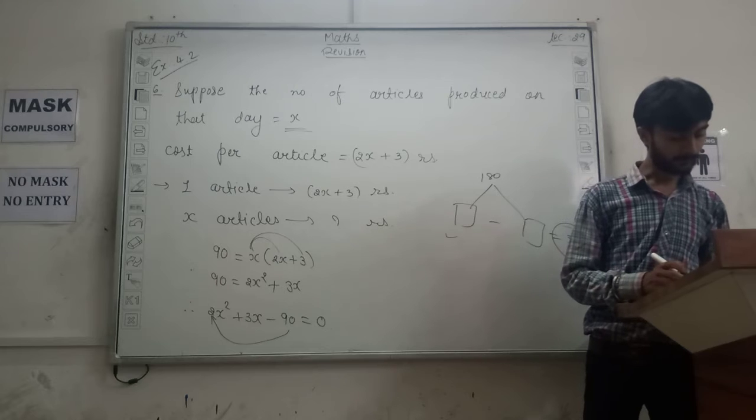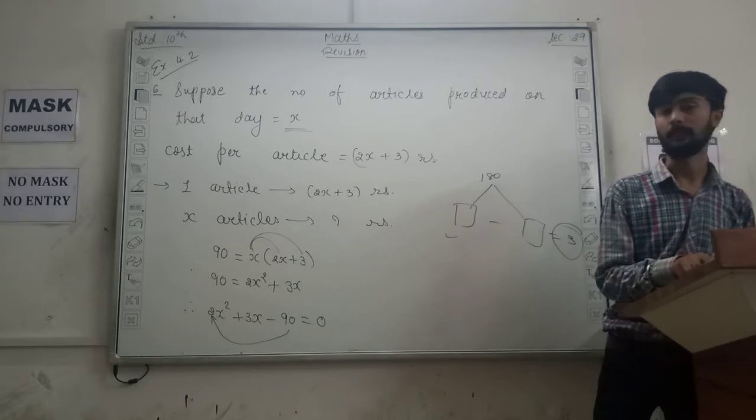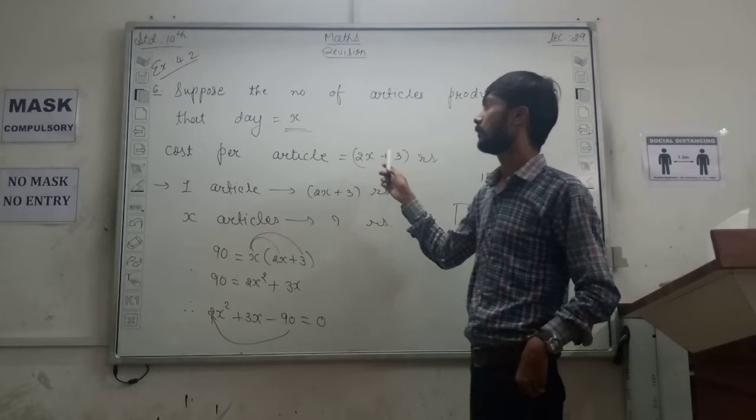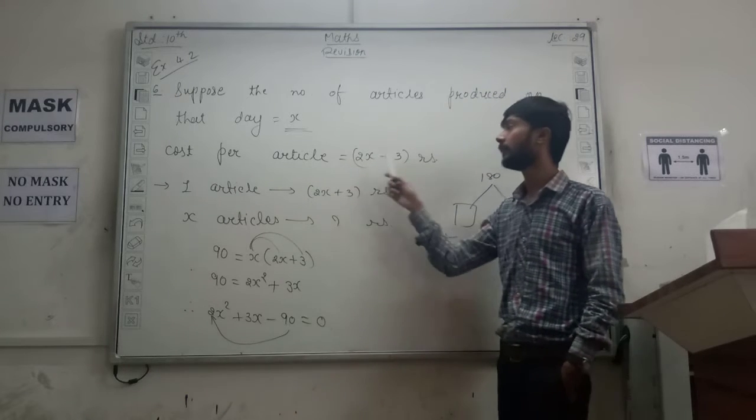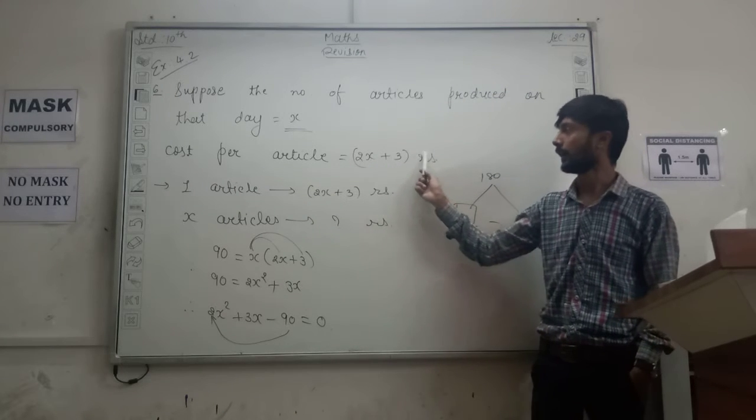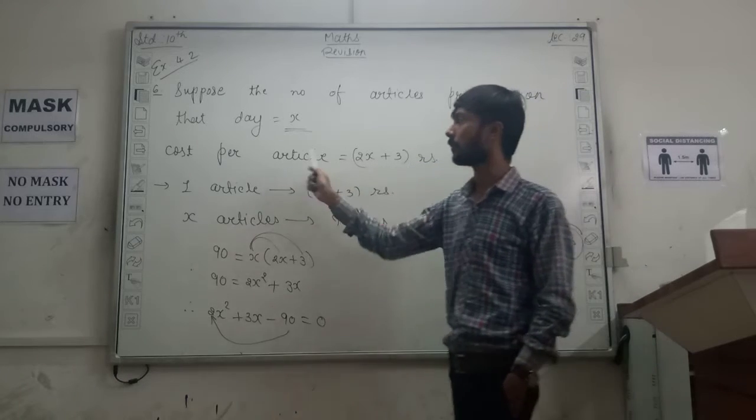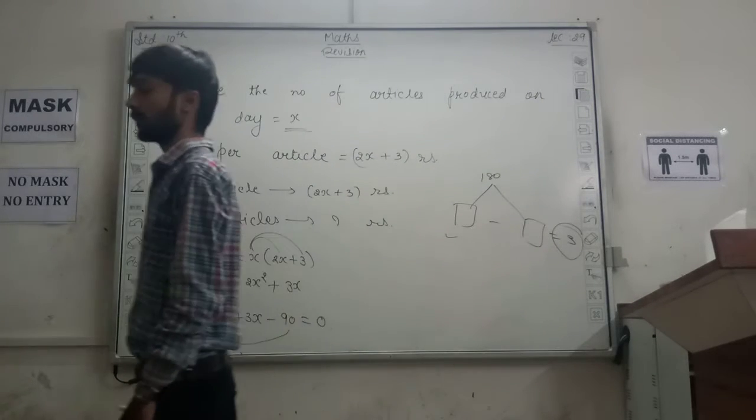You also have to find the cost of each article, that is 2x plus 3. So substitute the value of x in this 2x plus 3 and you get the cost per article, right? Solve this.